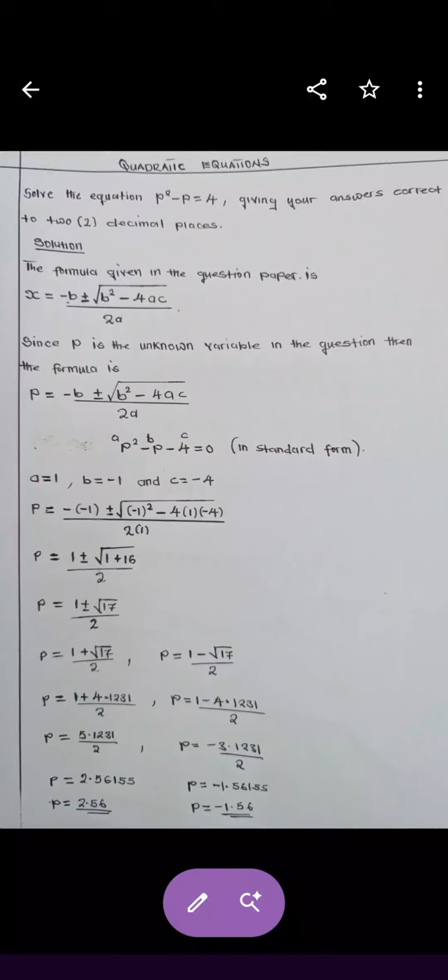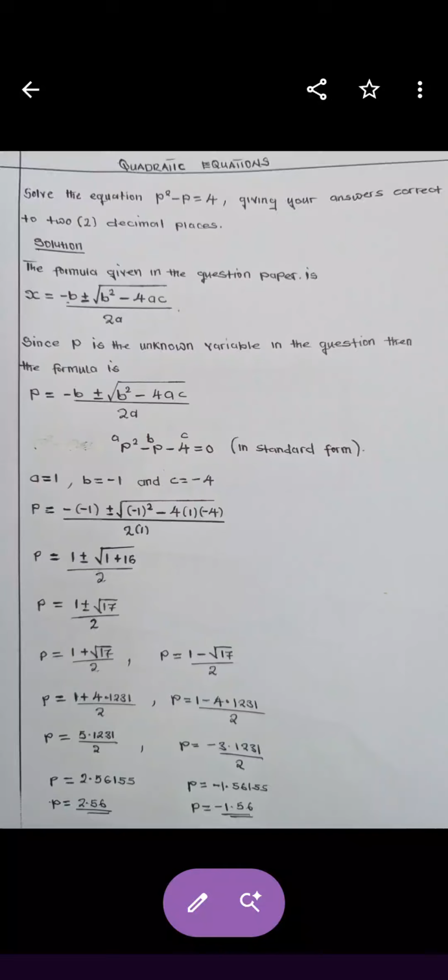So we are going to use the same letter which is in the question. Please don't use x, because we want to find the values of p that will satisfy the given equation.